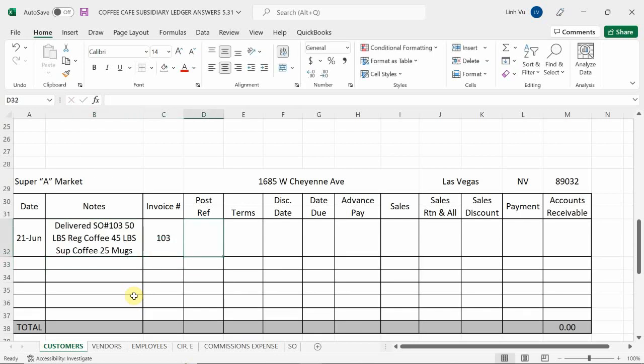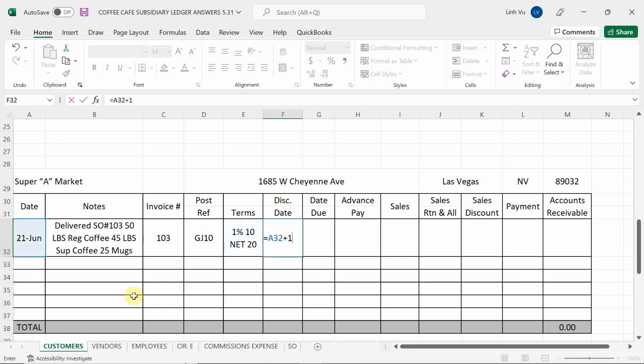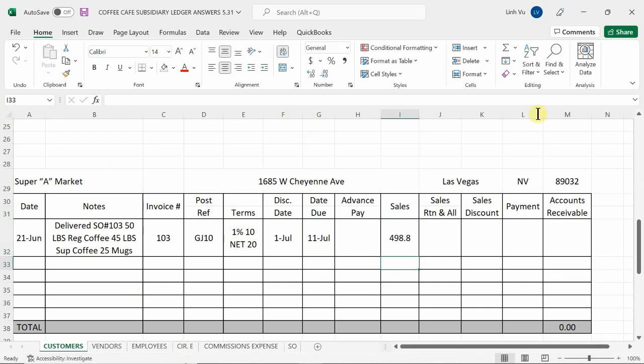The invoice is 103. It's page 10. And it's 1/10, net 20. So in this case, we only give them 20 days to pay up because they owe $498. It's a lot. They almost owe $500. So July 1st is the discount date. Okay, so plus 10 days from now is July 1st. July 11th is their due date. Good. Yes, and then their sale is 498.80, and they owe us 498.80.